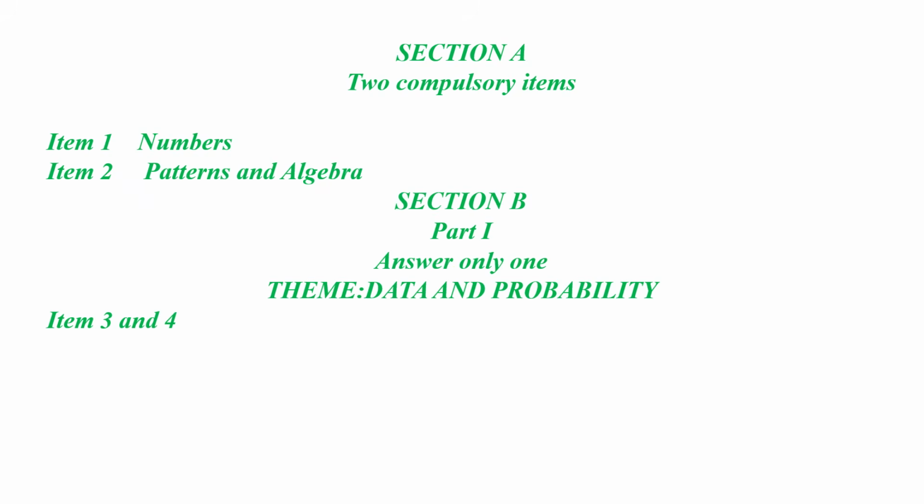Then in section B, part 1, is where we find item 3 and item 4. Item 3 and item 4 are always under data and probability. So what do we expect from them? We can have set theory, probability, graphs, matrices, and statistics.